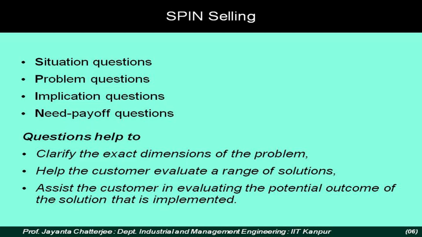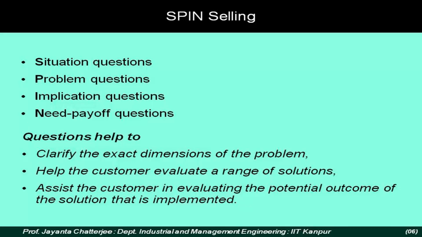Now we come to what is known as SPIN selling, which says that there are 4 types of questions which a salesperson should use effectively in making a good sales process. The S stands for situation, so there are situation questions.